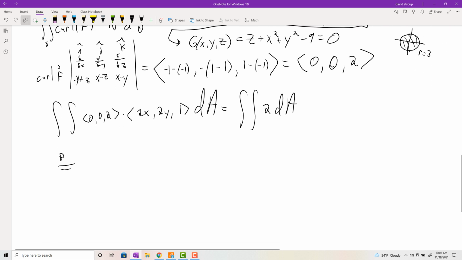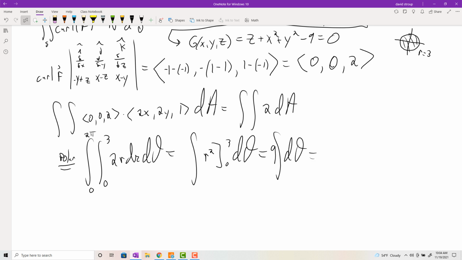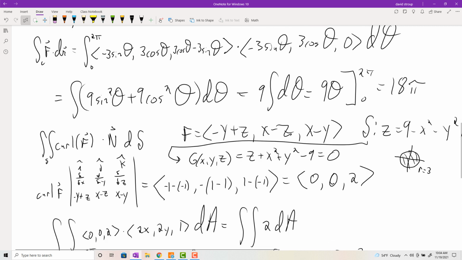Okay, so polar coordinates have the integral from 0 to 3, and then 0 to 2 pi of 2r dr d theta, and then I have the integral of 2r squared over 2, so r squared from 0 to 3 d theta, and then I have basically a 9 in there, d theta, and then 9 times theta from 0 to 2 pi, which is 18 pi, which is exactly what we got doing the other way by just integrating around the surface.